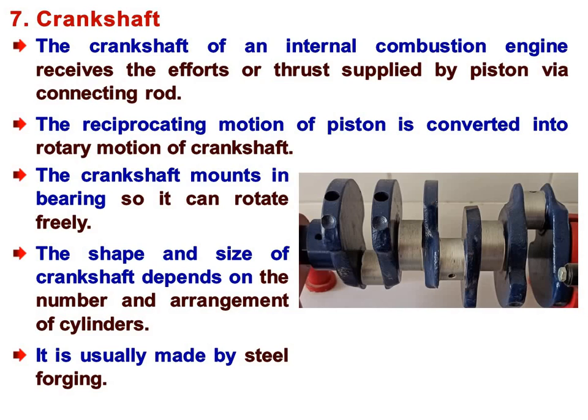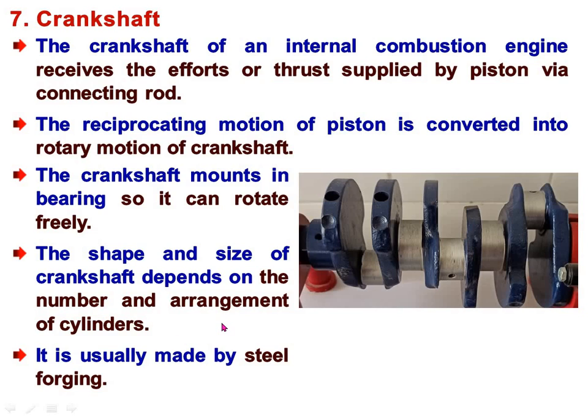It means if our engine is a 4-stroke, 4-cylinder engine, then we must have 4 spaces for connecting rods to connect with the pistons. If our engine is 6-cylinder, then there must be 6 spaces for connecting the pistons through the connecting rods to our crankshaft.